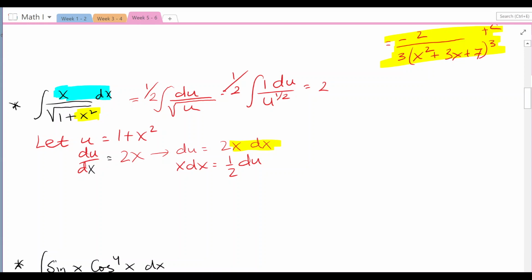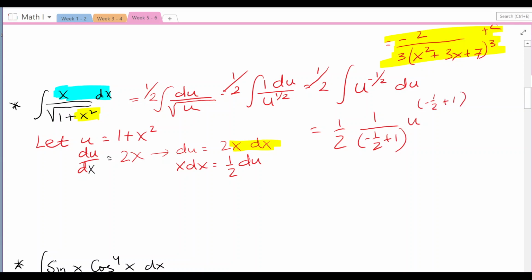So this is half the integral of u raised to the power of negative half du. This is equivalent to simply replacing it with (negative half + 1), times u raised to the power of (negative half + 1), plus c.